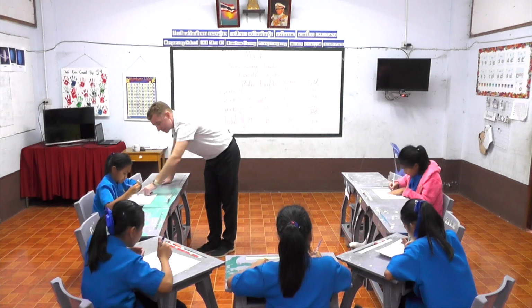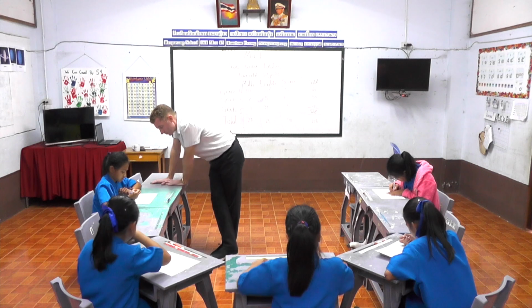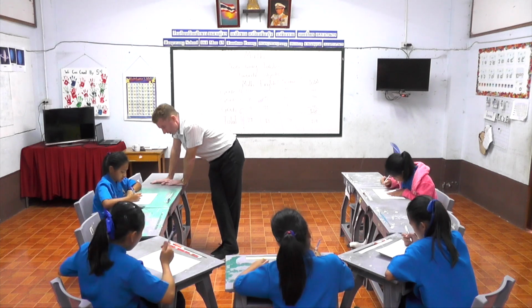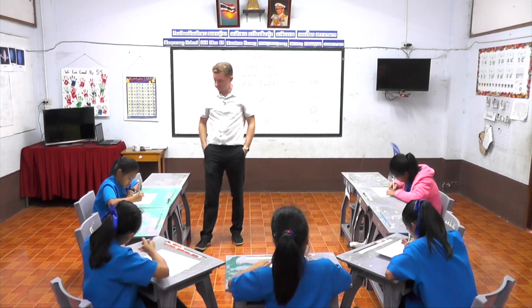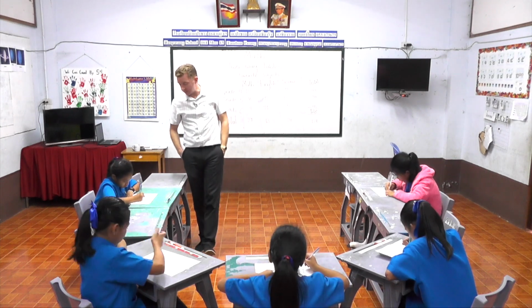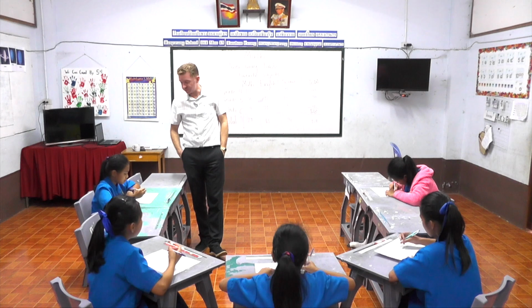So we've got male adults, 53, and then female adults. So where's female adult? Correct. And then do the same for male children, 32.